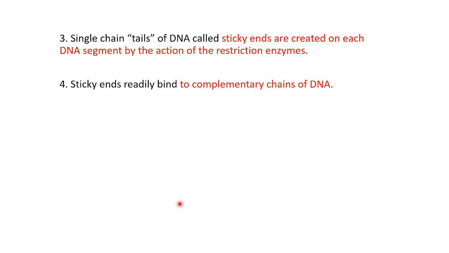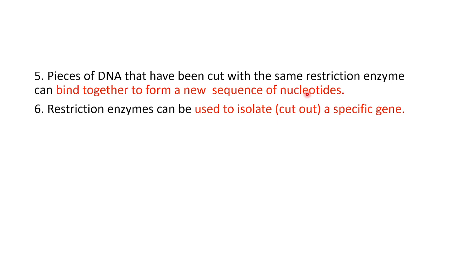After the sticky ends are formed, they actually help in the joining of your DNA segment when you also cut it with the restriction sites. These sticky ends readily bind to the complementary chains of DNA. So pieces of DNA that have been cut with the same restriction enzyme can bind together to form a new sequence of nucleotides.